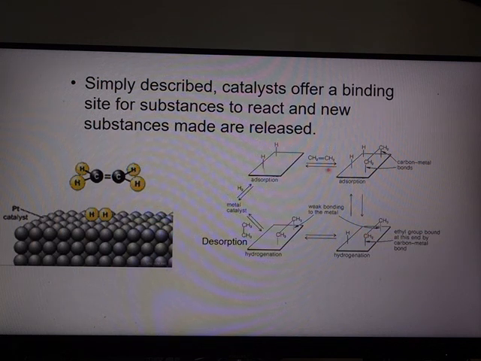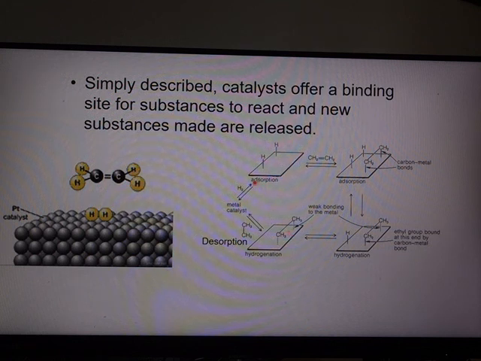So at first the reactants are adsorbed, and then once the chemical reaction has happened and the product is formed, they call this desorption. So it's really important that the catalyst allows the reactants to bind to its surface, but also allows the product to be released.